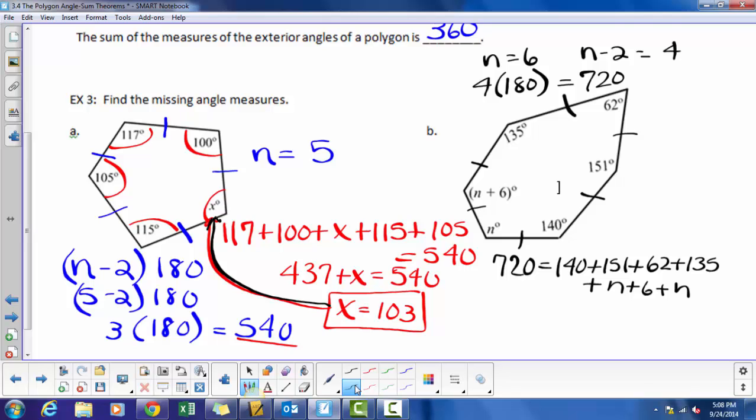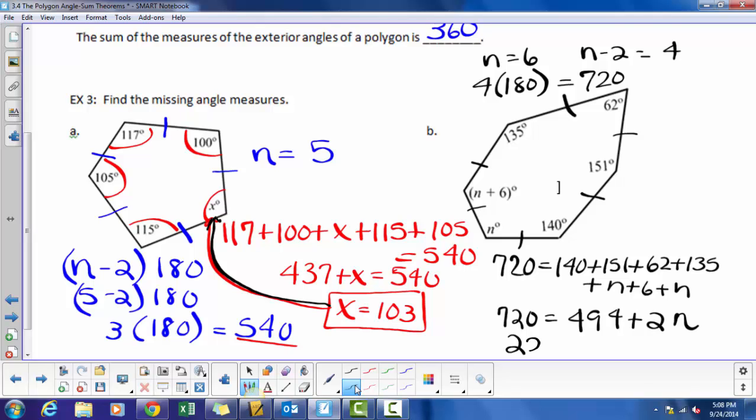All right? So again, I'm going to add 140 plus 151 plus 62 plus 135 plus 6. So 720 equals 494 plus 2n. I'm going to subtract 494 from 720.